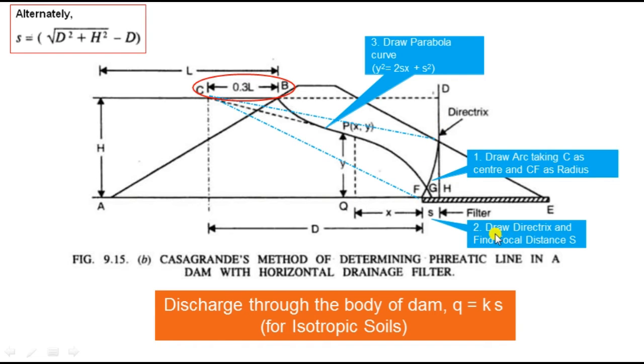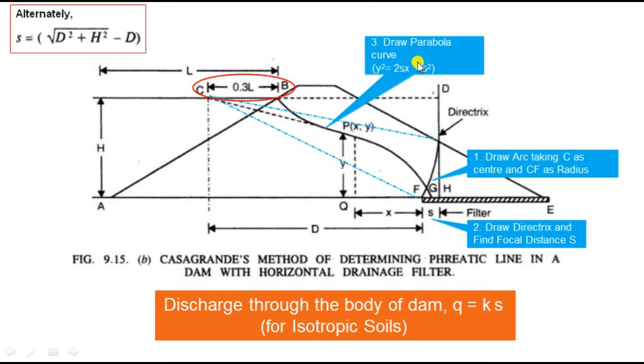Second, draw the directrix and find the focal distance S. Then we find the focal distance S, where D squared, the value of D is here, and the value of H is somewhere here. So if we change the value of D, then the value of S is different.